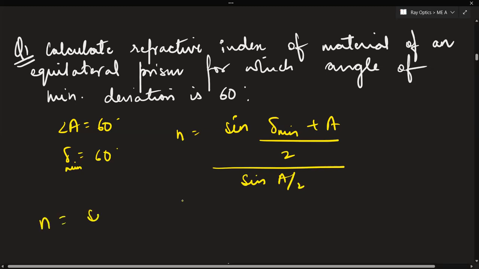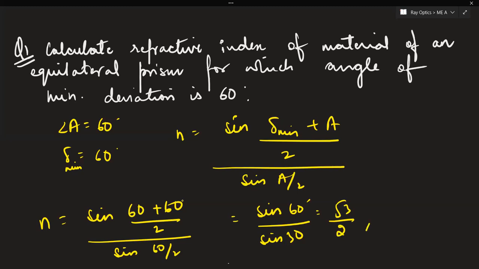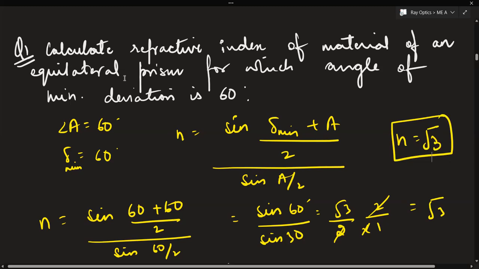So this will become sine of 60 plus 60 by 2, divided by sine 60 by 2. So that gives you sine 120 by 2, that is sine 60, and sine 60 by 2, that is sine 30. So sine 60 will be root 3 by 2, sine 30 will be half. So refractive index will be root 3. Like this, you have to apply the formula. I hope it's clear. Note this down. We'll do one numerical if time permits.